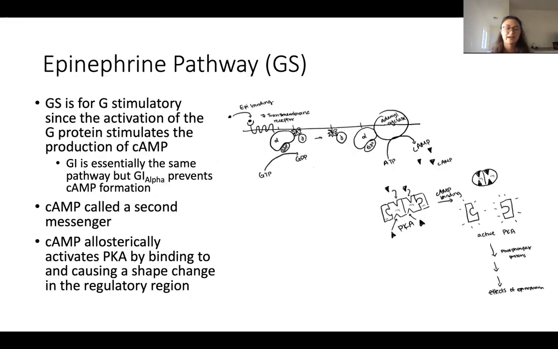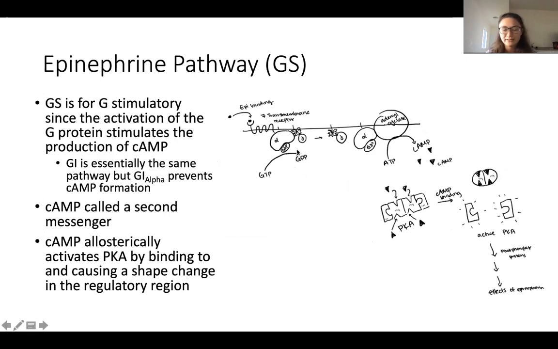So putting it all together, we have the epinephrine pathway, which is a signal transduction pathway that uses G proteins and these kinases. Just one thing before I start: before, I was talking about small G proteins, which are G proteins that require a GAP because they're not very good at hydrolyzing.